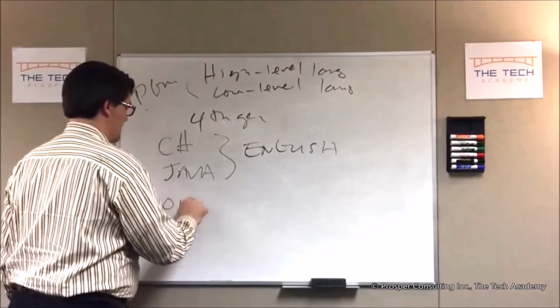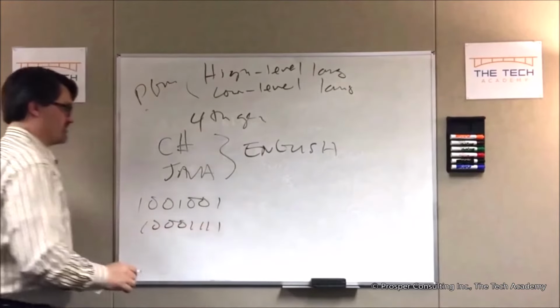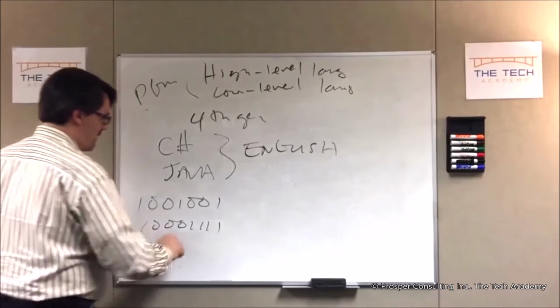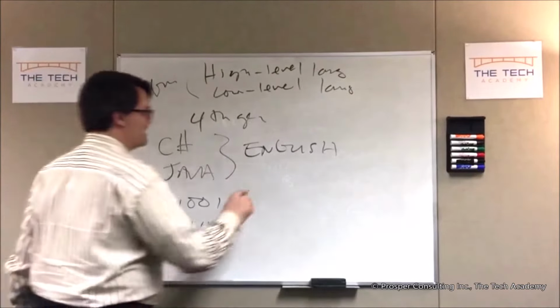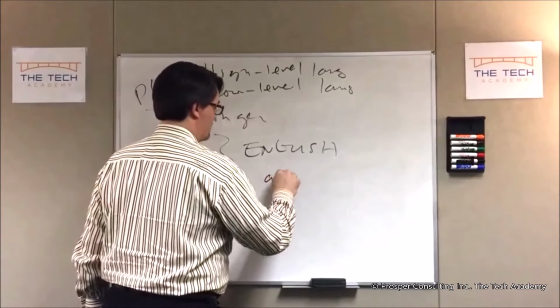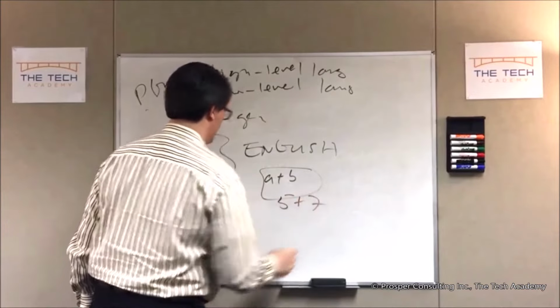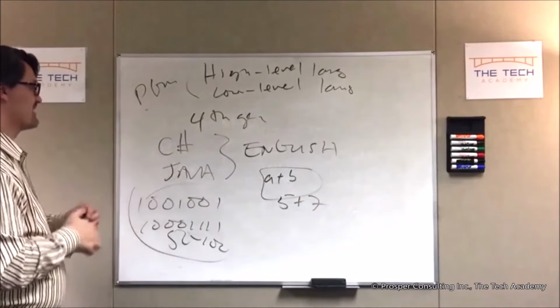Whereas, unless you've done it a lot, you can't surmise what those 1s and 0s are doing just by glancing at them. Also, it would take about 50 to 100 of these 1s and 0s just to do A plus B inside a computer. It'd be 5 plus 7. It would take a bunch of these instructions to get that command to execute.